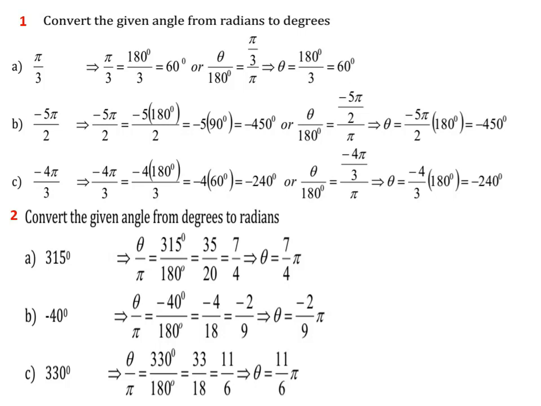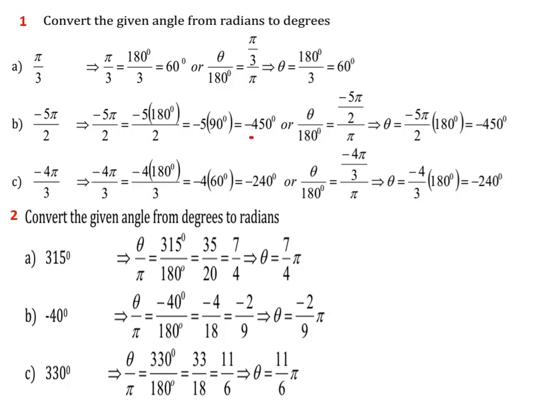B, minus 5 pi over 2. As I told you, pi is the same as 180 degrees, so substitute pi by 180 degrees. We have minus 5 times 180 degrees over 2. Since 180 degrees divided by 2 is 90, minus 5 times 90 degrees is minus 450 degrees.